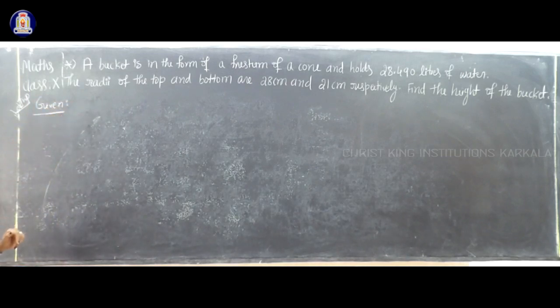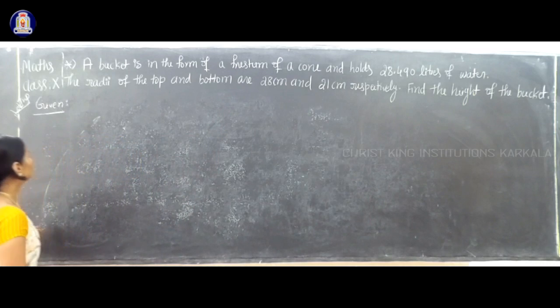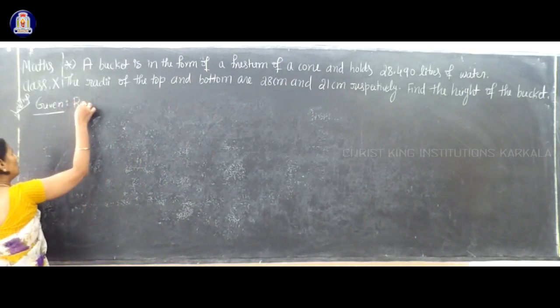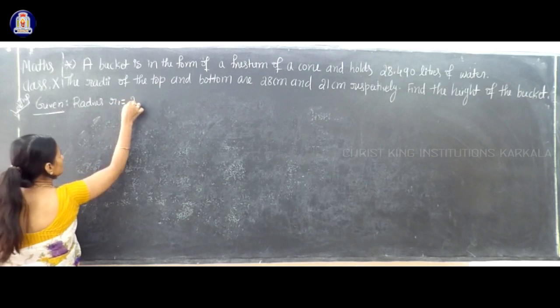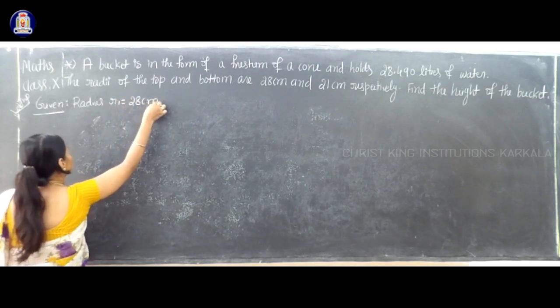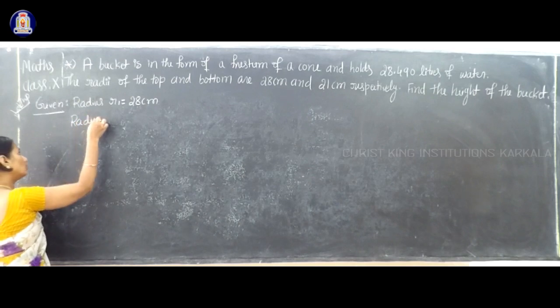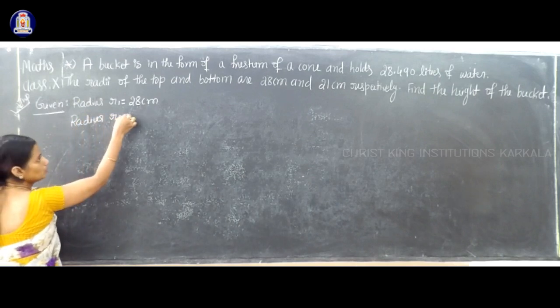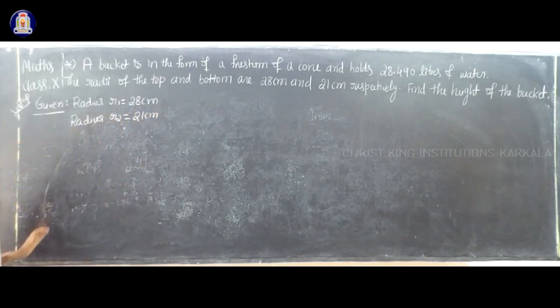First I'll write the radii of top and bottom are: radius R1 is equal to 28 centimeter, radius R2 is equal to 21 centimeter.